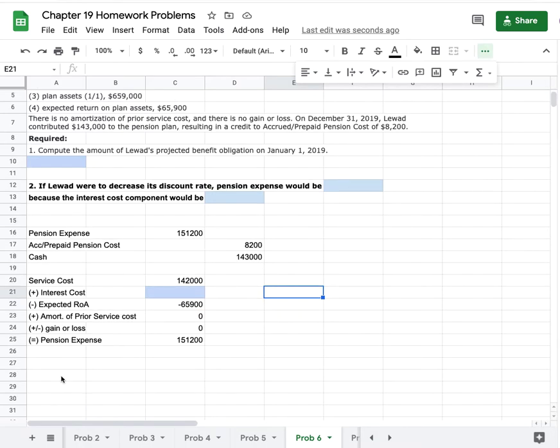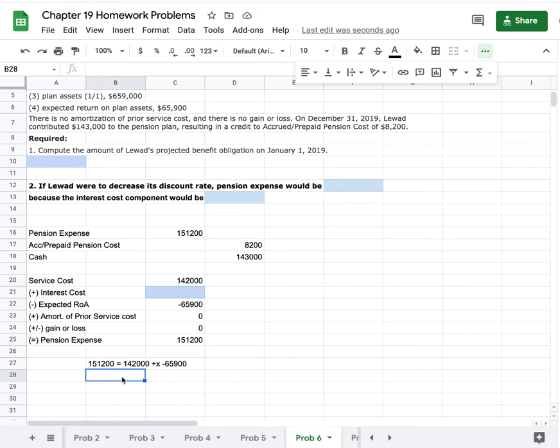So we could go back to just solving for x, and our formula would be 151,200 is equal to 142,000 plus x minus 65,900. And then we can just solve for x.